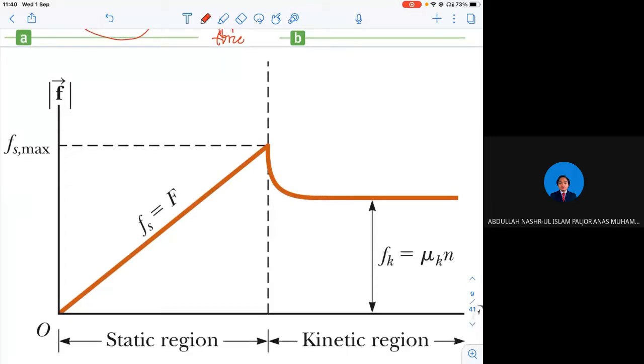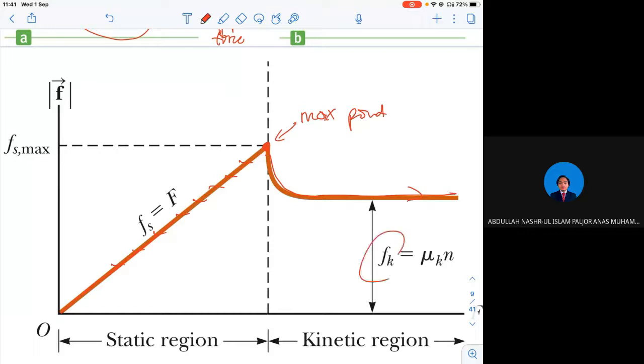As it tries to move, the force increases to a certain level and reaches the highest peak of the static region, and afterward it will decline to the kinetic region.